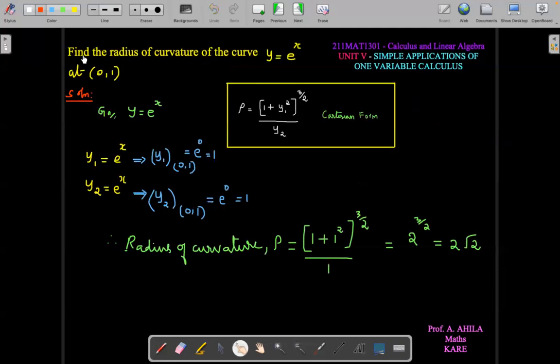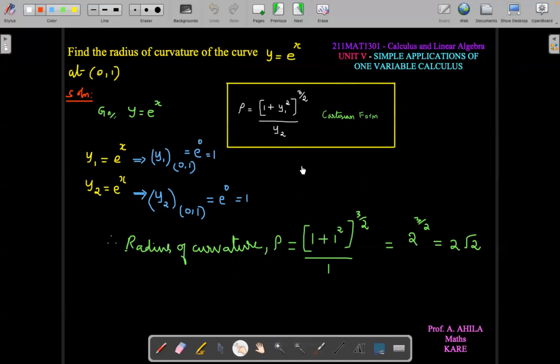Now let's find the radius of curvature of the curve y equal to e power x at 0, 1. At every point the curvature differs, so even though the curve is the same, with respect to the point the curvature differs. So a particular point is given, and at that point we need to find the radius of curvature.